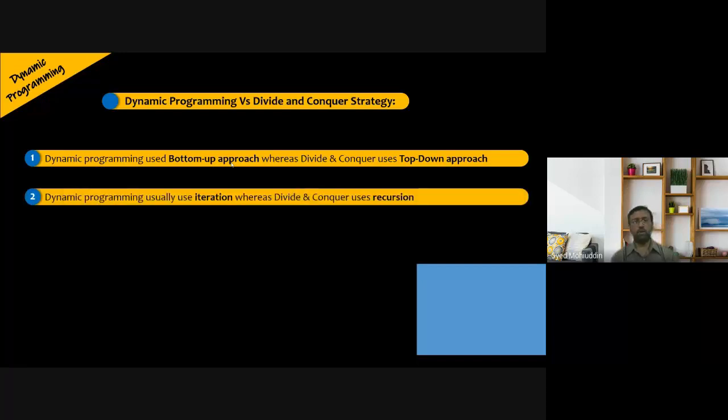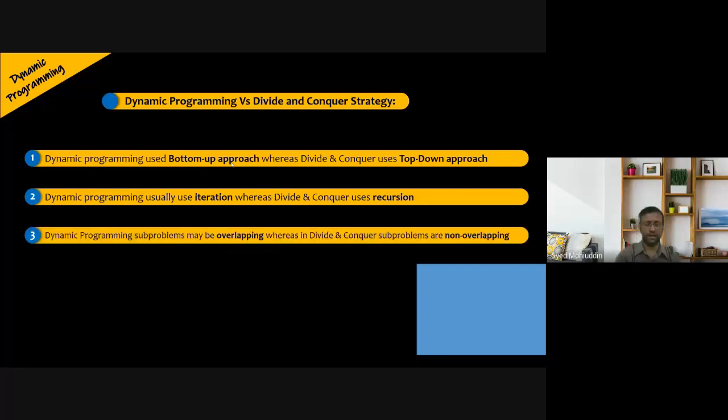Then, in divide and conquer, we know that merge sort or quick sort use recursion. So the divide and conquer approach uses recursion, and the dynamic programming approach uses iterations. And the third thing is, in divide and conquer, when we divide the larger problem, the subproblems are non-overlapping.